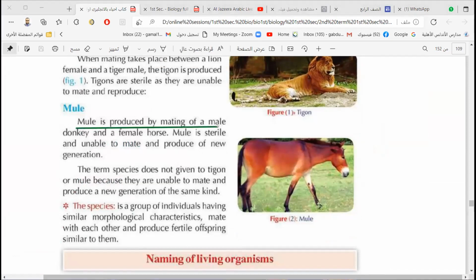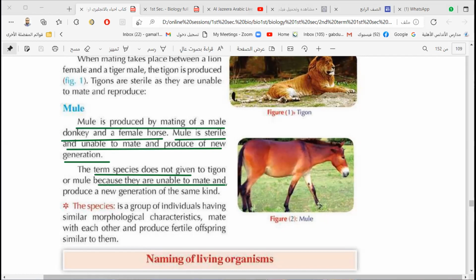It is produced from mating a male donkey with a female horse. A mule is sterile, unable to mate and produce a new generation.